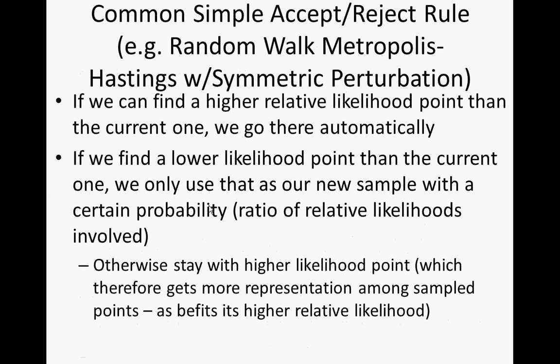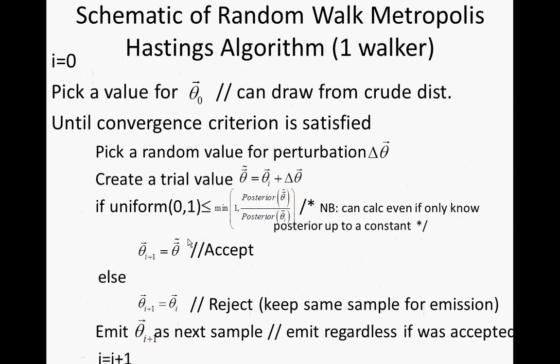Okay. And that algorithm could be expressed here. So initially we pick a value, we can draw it from some crude distribution. It tends to be forgotten within the burn-in period. And until some convergence criterion is satisfied, we pick a random value for our perturbation from our last accepted point. We create a candidate value.